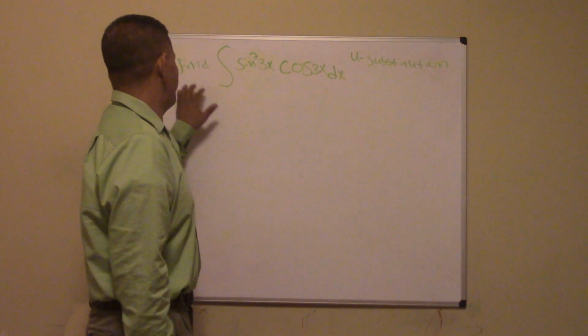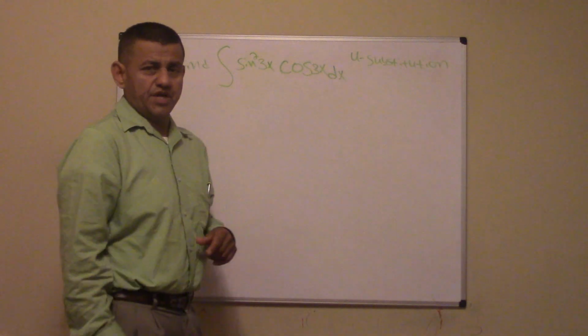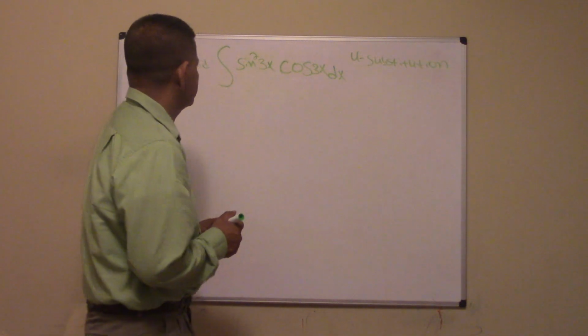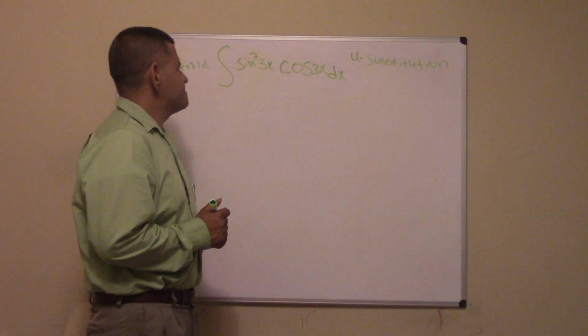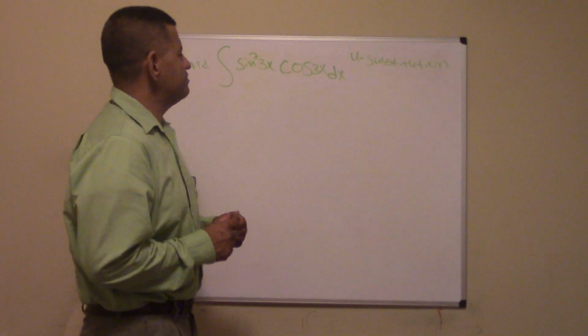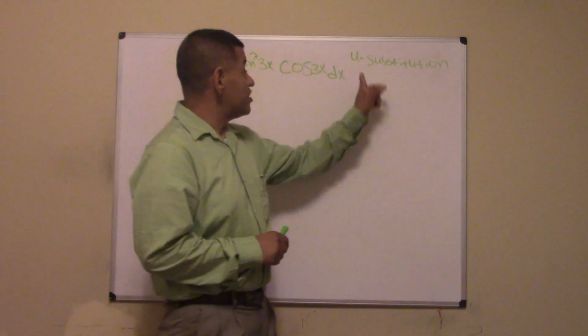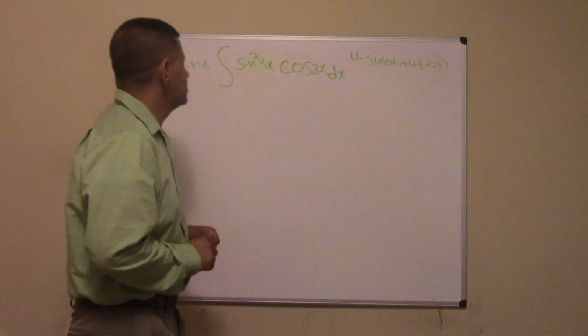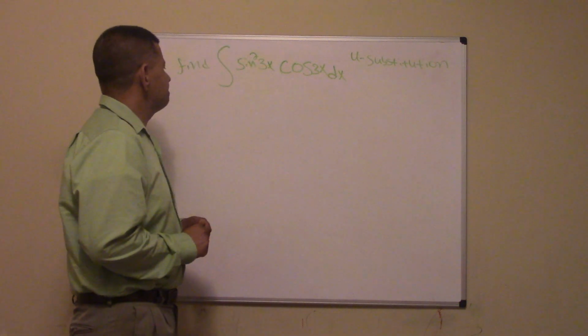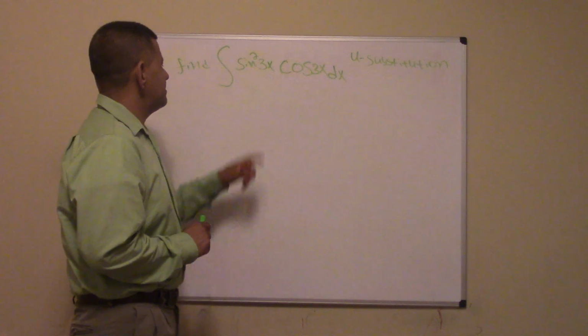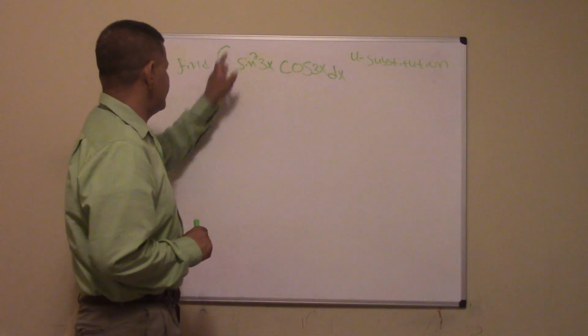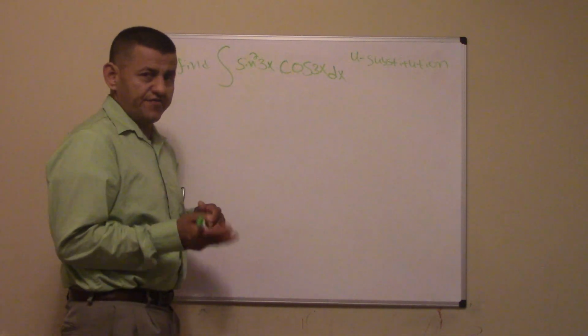Okay, so find the integral of this expression. We will be using the U-substitution method. So we analyze the problem. We see that we don't have a limit of integration, right? So it's an indefinite integral.